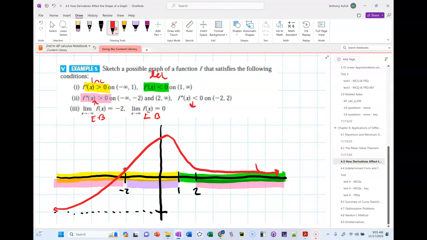So if I look here, this would be an inflection point, and this would be an inflection point, and I kind of goofed because my local maximum should be over here, more like that.